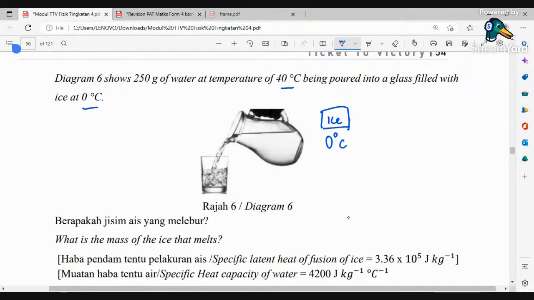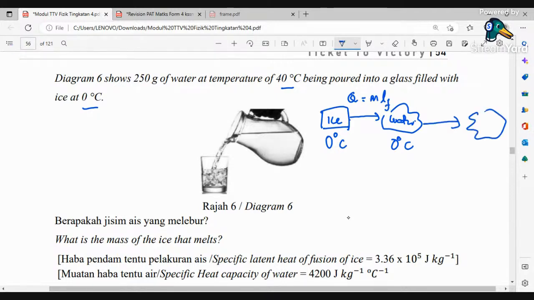Once water is poured into ice, ice will receive heat energy and then change to water at 0 degrees Celsius. This one is the melting process. We call it latent heat of fusion. So mL_f. And then the temperature increases, water increases to 40 degrees Celsius.